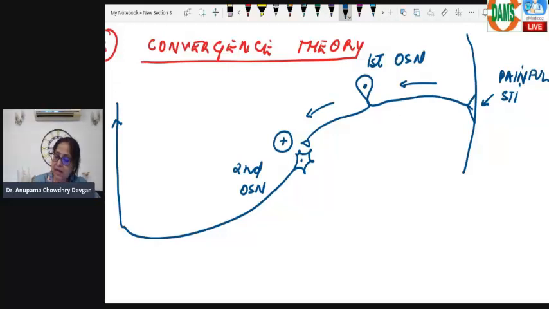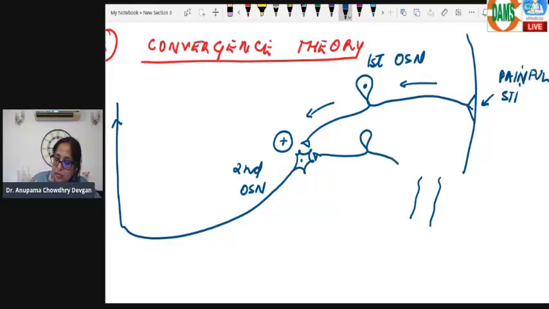Now, there is input from the viscera itself also. This is the viscera here. From the viscera, the first order sensory neuron will converge on the same second order sensory neuron.